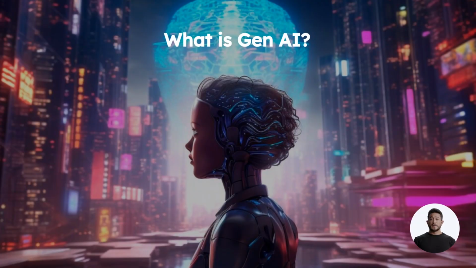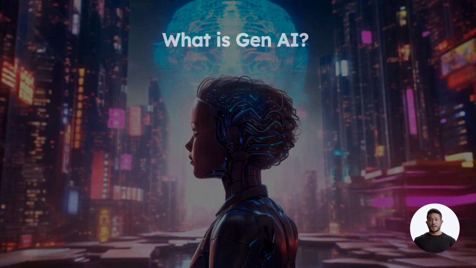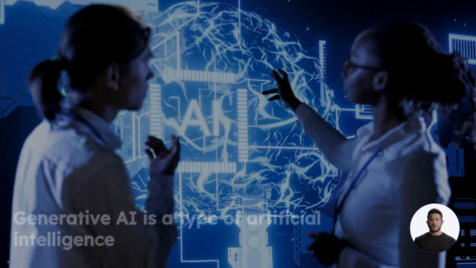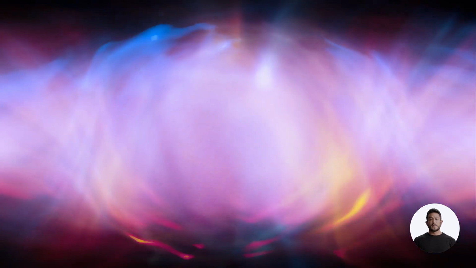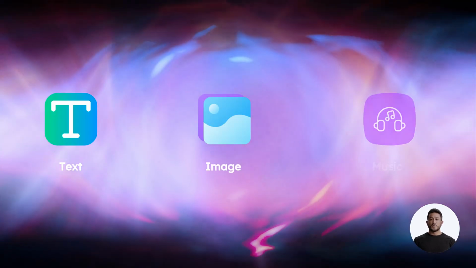What is Gen AI? All right, let's kick things off by getting a solid understanding of what generative AI, or Gen AI, actually is. This is a foundational concept that will help you grasp everything we're going to talk about in this course. So what is Gen AI? In simple terms, generative AI is a type of artificial intelligence that can create new content like text, images, music, and more.